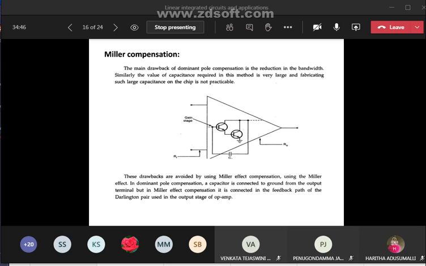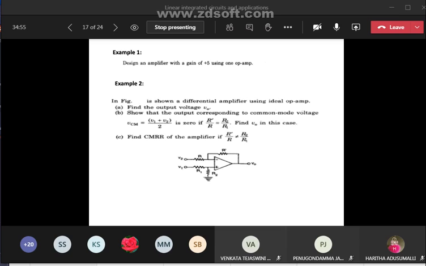So with Miller effect compensation, the two drawbacks can be avoided.